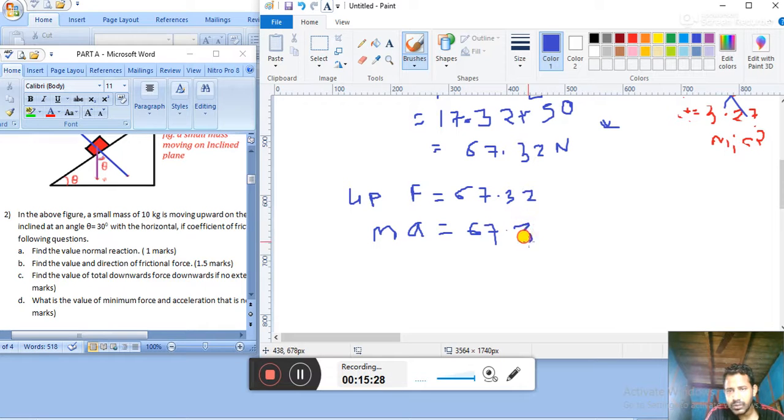Now, the m value is 10, so 10 into a equals 67.32. Now you will get a equals 6.73 meters per second square.